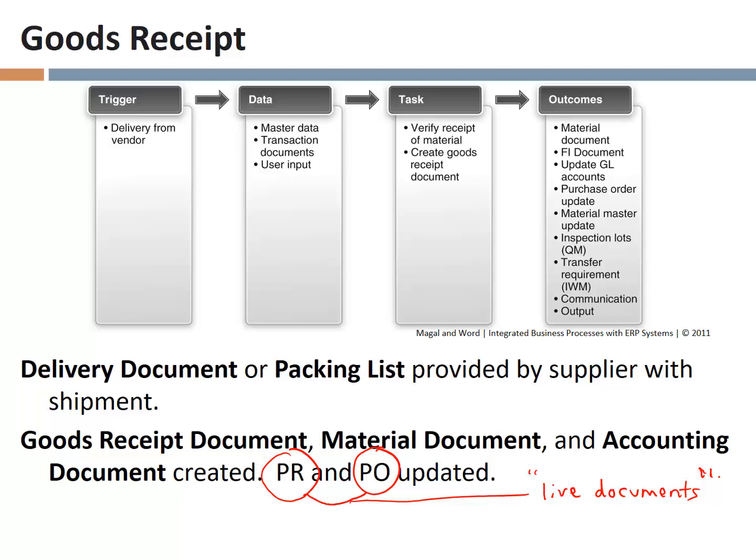So, in fact, we started with a purchase requisition, and then that resulted in a purchase order being created. When the purchase order was created, the document number of the purchase requisition was put on that purchase order, but similarly, the purchase requisition was updated to indicate that a purchase order was generated based on that purchase requisition, and the PO number is there.